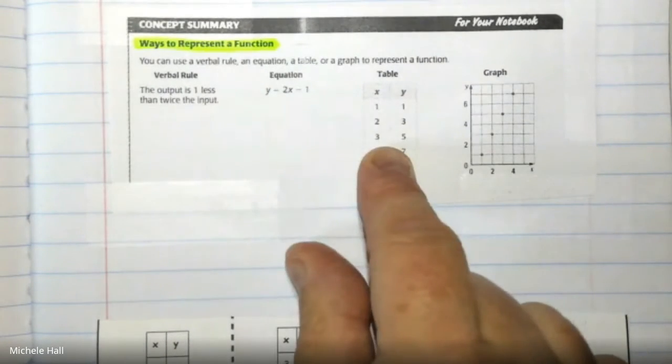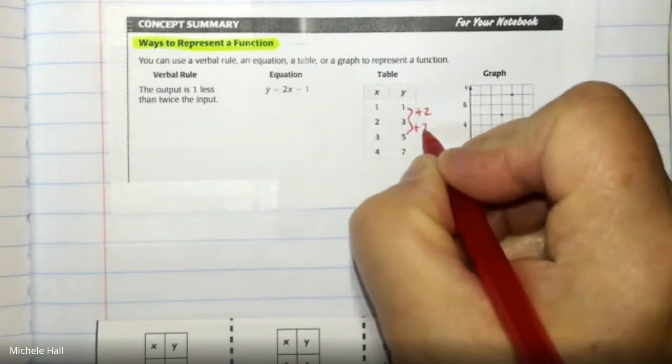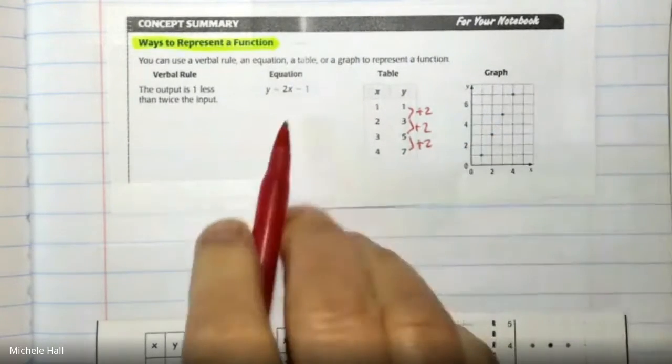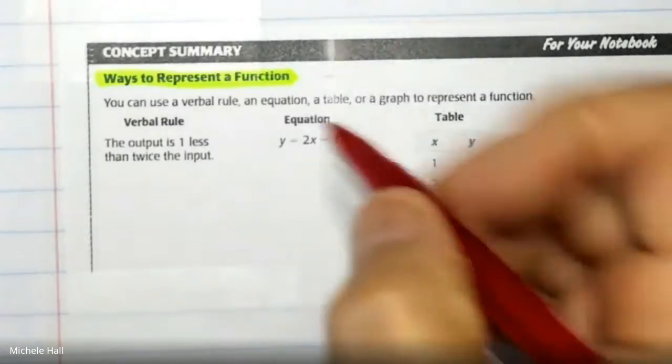We have a table of values, and again, just looking at this, they're increasing by 2. That's why I can see a 2 in front of my x. It's increasing by 2.